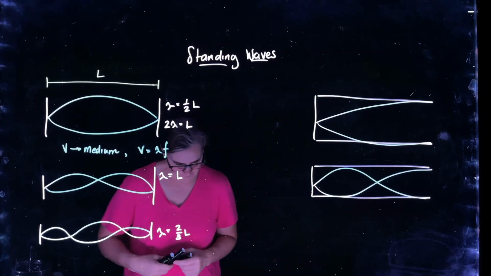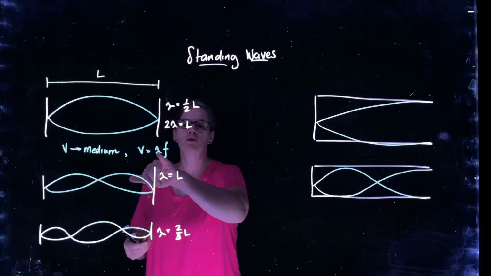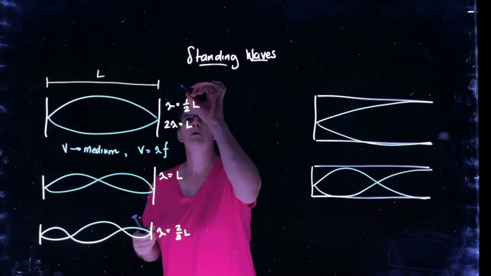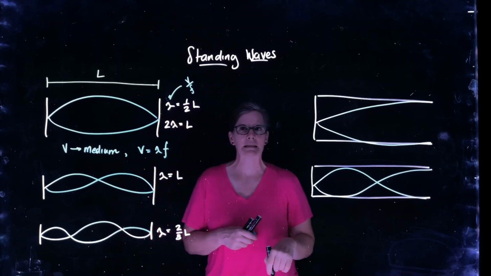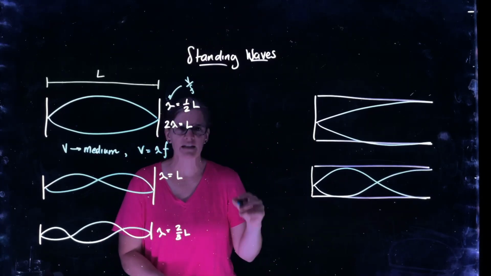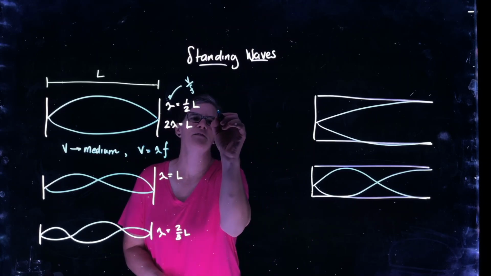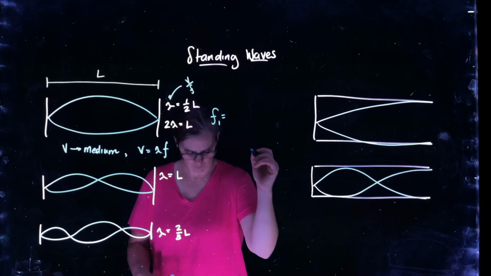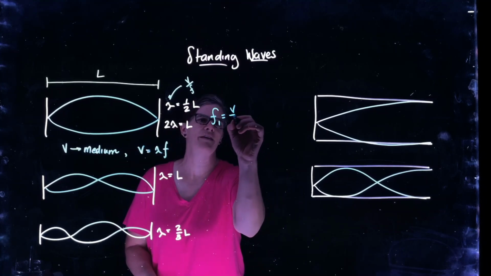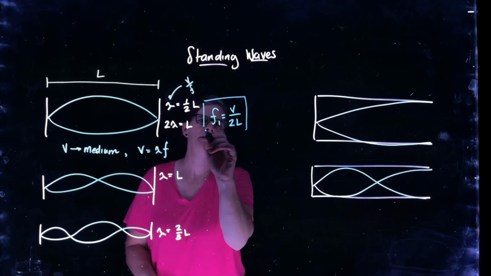And I find that for the fundamental frequency, if I simply substitute the speed divided by the frequency in for my lambda, the frequency that gives me the fundamental wavelength is equal to the speed of the wave divided by 2 times the length.